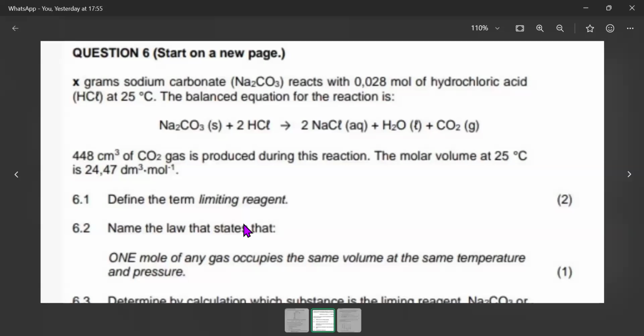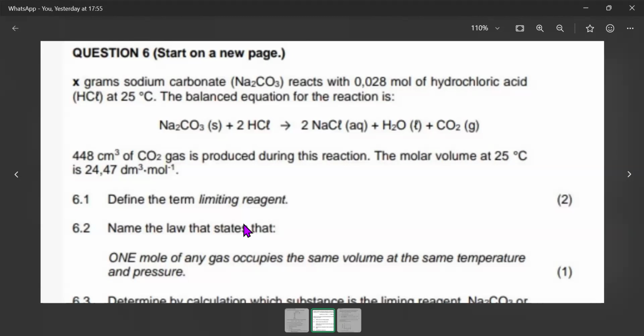And one thing we know about the limiting reagent, which is hydrochloric acid, it's the one that we use in order to produce the quantity of a product.